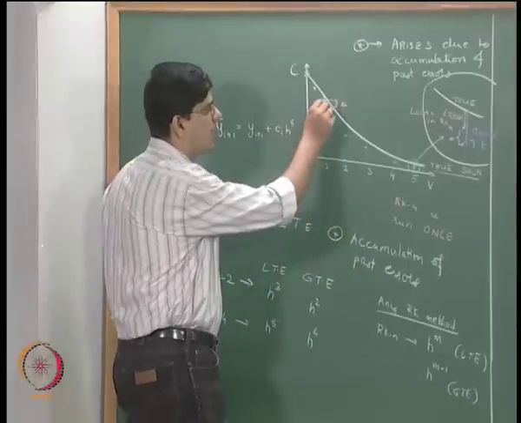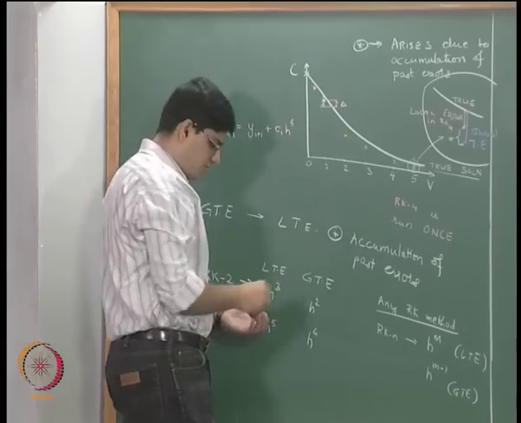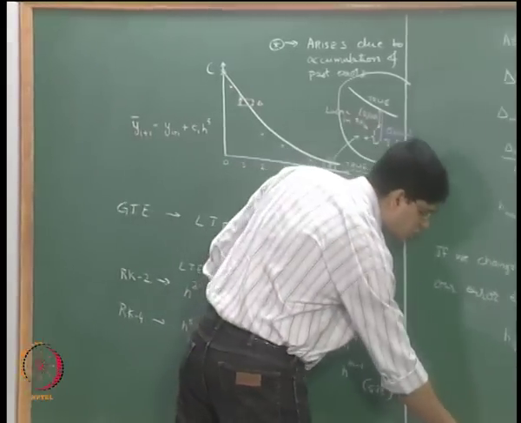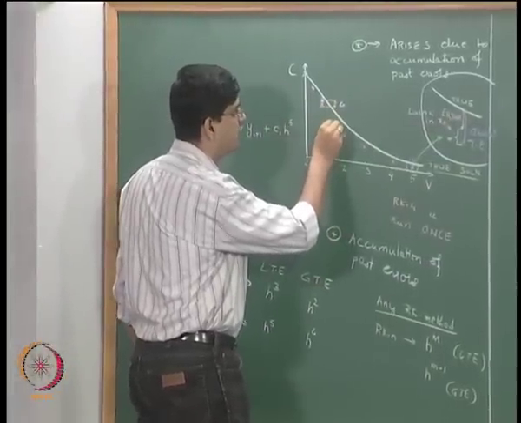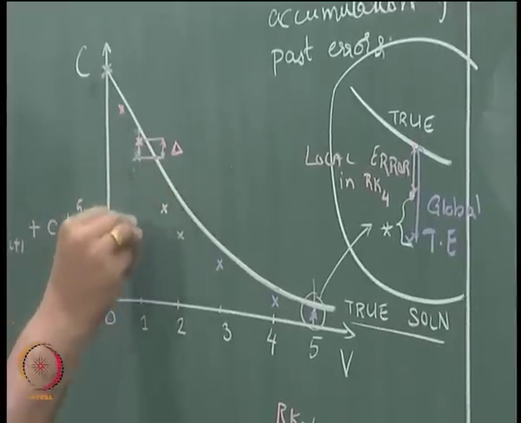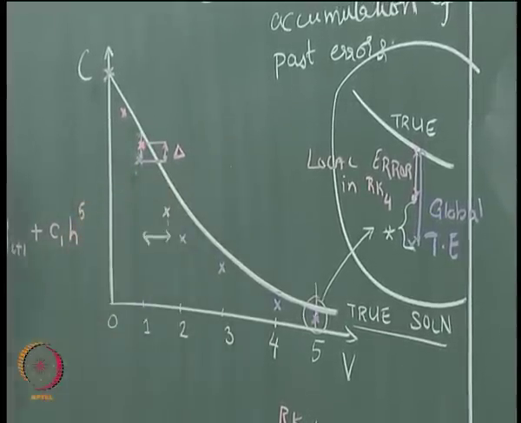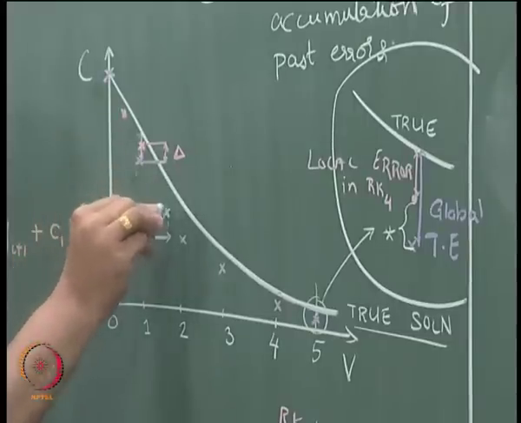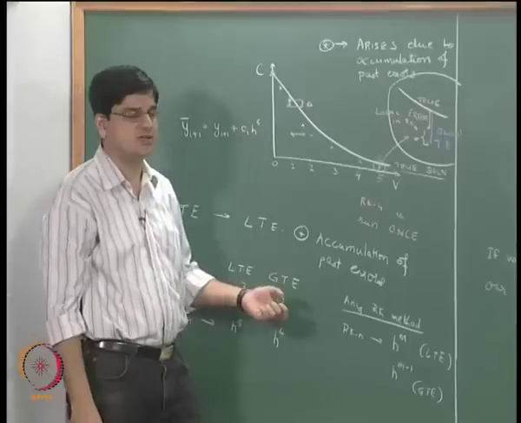So instead of taking a full step h of this form, we will decide to take a shorter step h. Instead of going all the way over here, our h is going to be this much, and from this point to this point we will want to take a step of h. Again we repeat this adaptive step sizing.